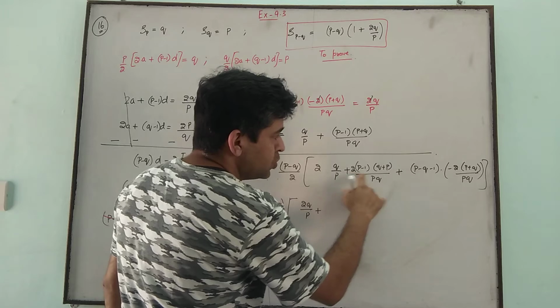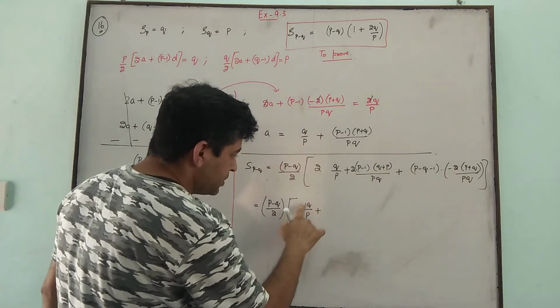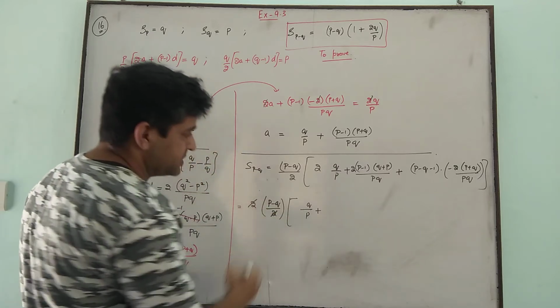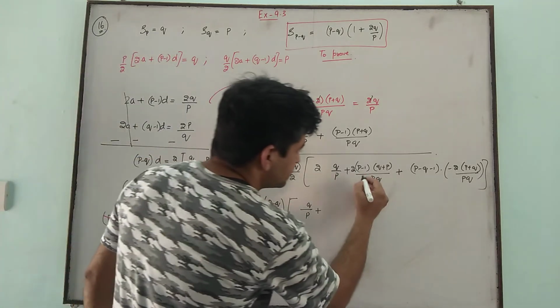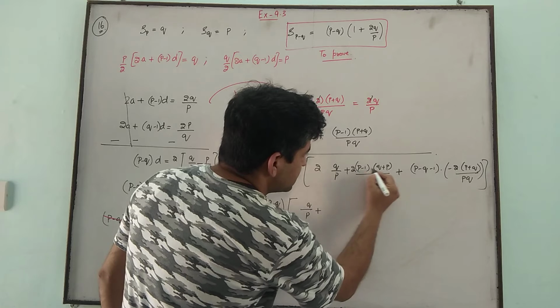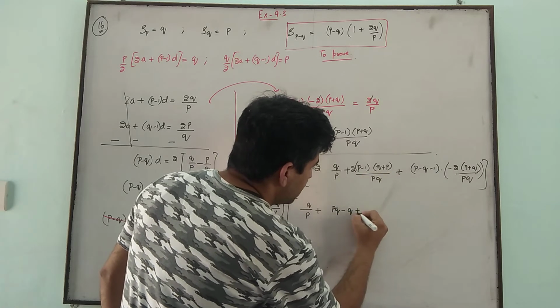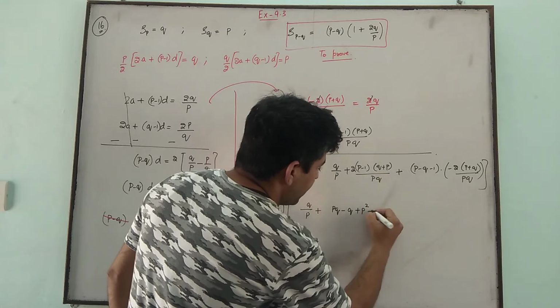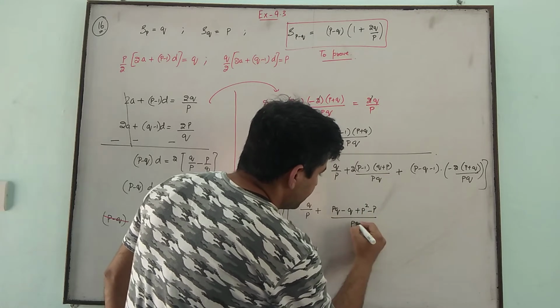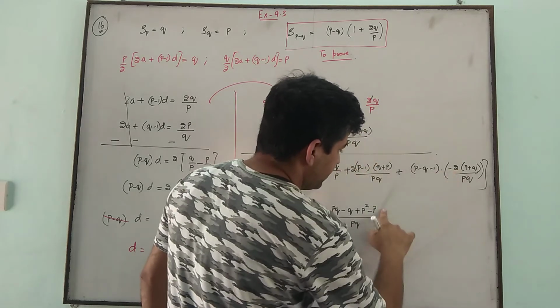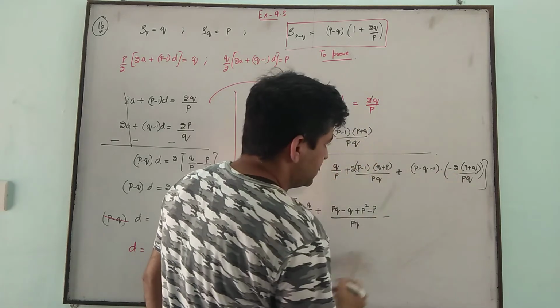See, 2, 2 and 2 you can take common and this will be cancelled out. This is pq minus q plus p square minus p, and 2 is common with a negative sign here.